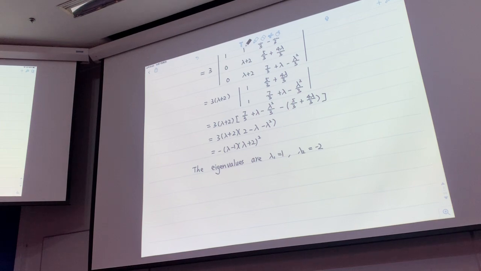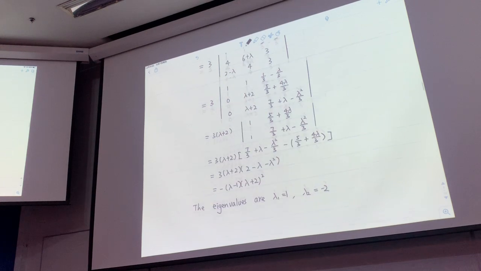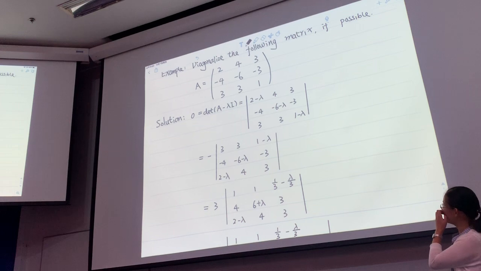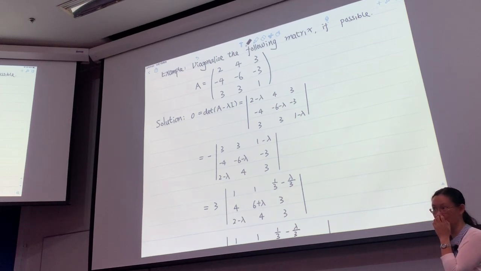Okay, so hopefully you have gotten the eigenvalues and eigenvectors. In this example, look at this matrix. We calculate eigenvalues by using this formula. For this one, we can also use a special way.